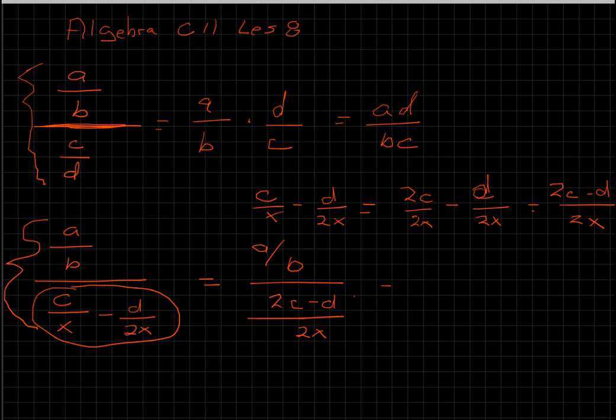So what I can do now, based upon what I did up here, is I have a over b times the denominator of the denominator. It comes up, so that's going to be 2x divided by, remember, keep this as a unit, whatever the garbage is in here.